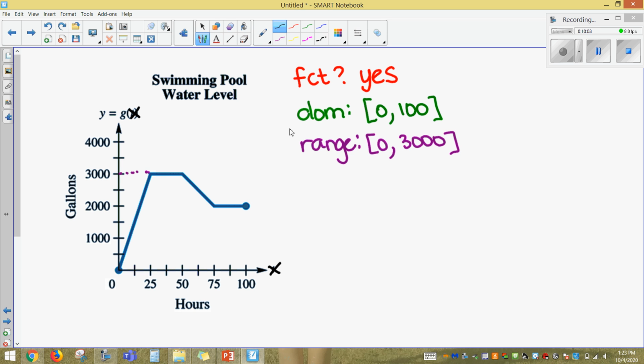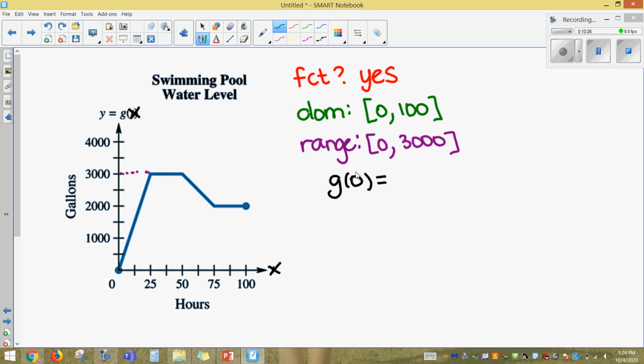So since this is a function, we can evaluate it at different points. I can ask you to tell me the y value for any x that I want to pick between 0 and 100, including both those values. So when x equals 0, on my graph, there's my x equals 0, I want to know what the y value is.